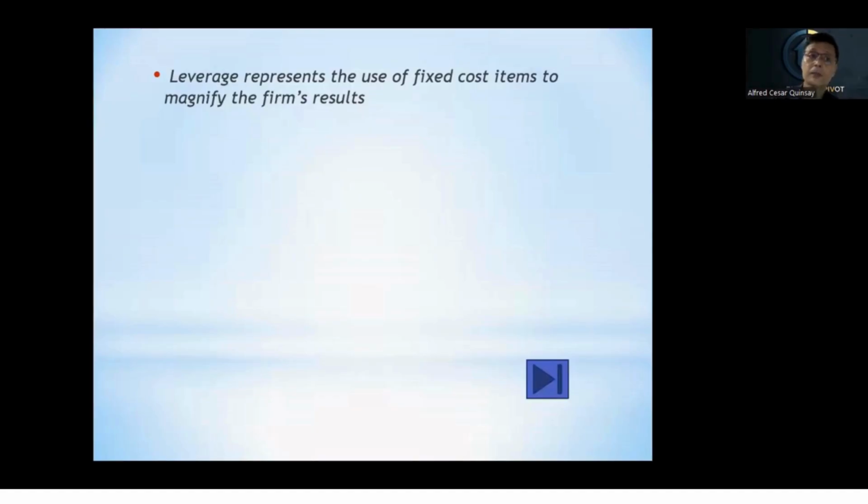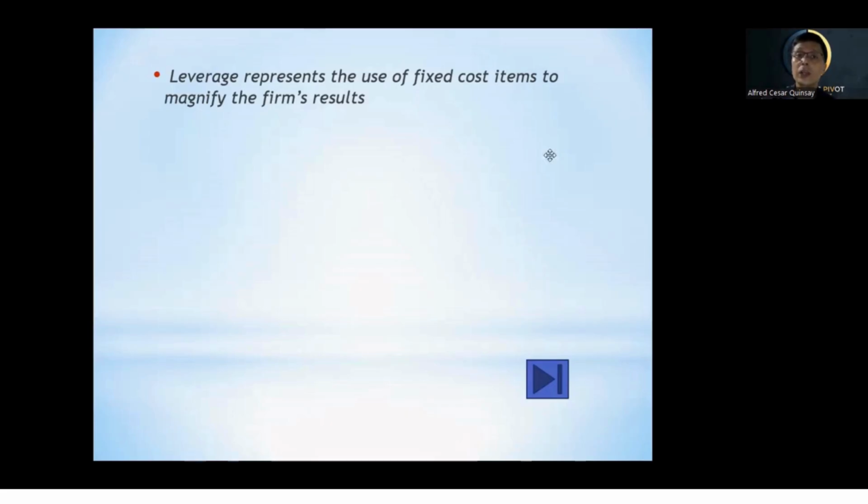Now let's get some definitions here. Since we're talking about leverage, it represents the use of fixed cost items to magnify the firm's results. In other words, it is just like using software, where it can perform multiple tasks that would definitely be a labor saving device.